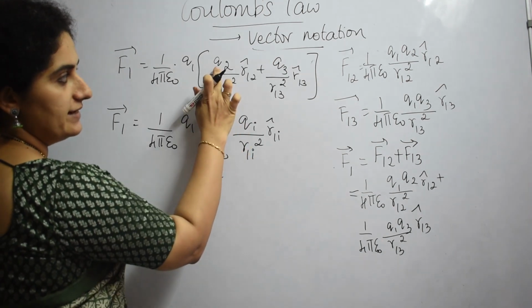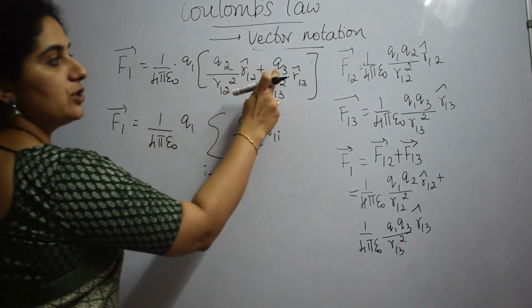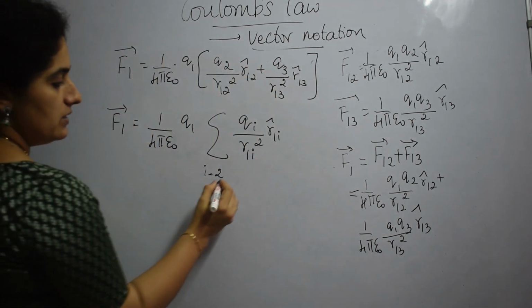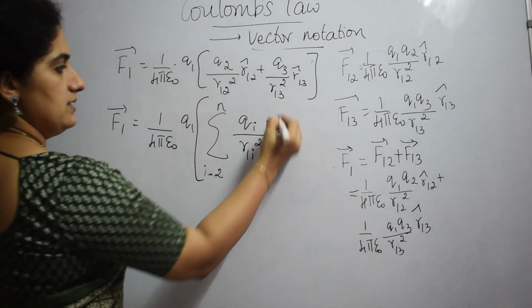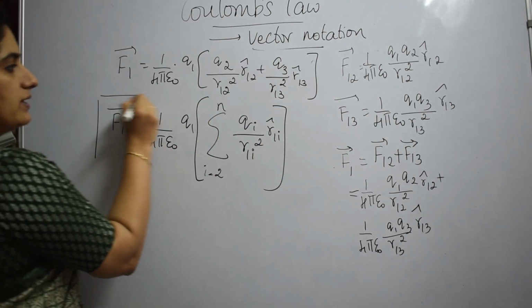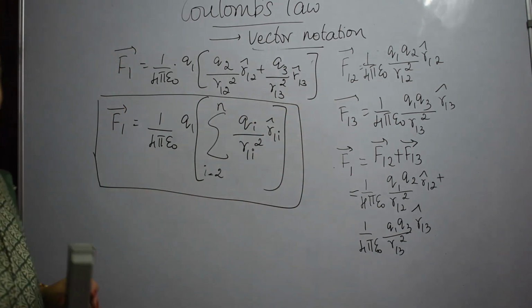So you can notice here it is starting from 2. If you take 2 outside, Q1 will be here, Q3 will be here, like that. So i is from 2 to n. So this is the generalized notation of Coulomb's law when we deal with multiple charges.